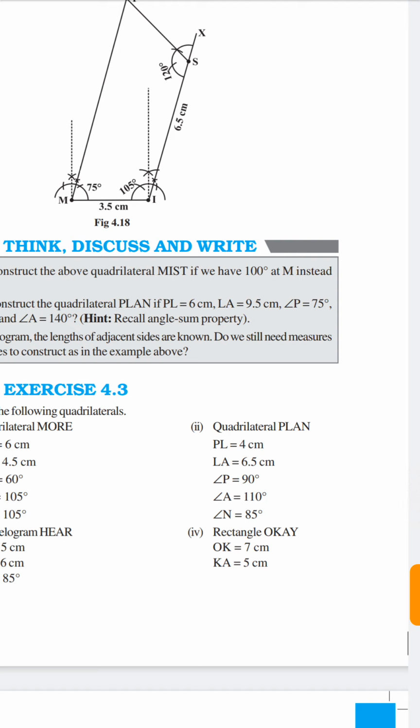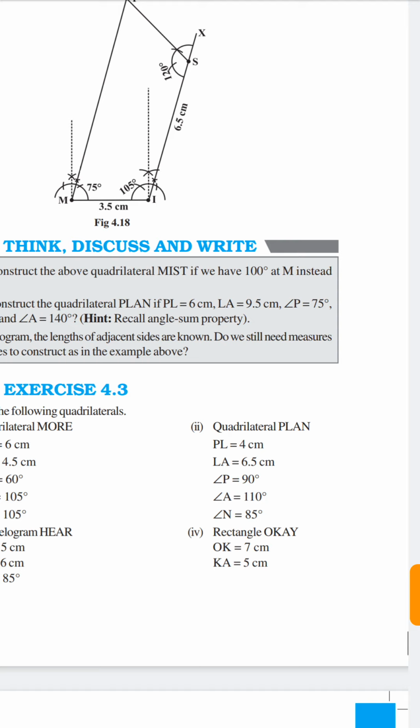Similarly, there is a quadrilateral PLAN. PL 4 cm, LA 6.5 cm, angle P 90 degrees, angle A 110 degrees, angle N 85 degrees. Here PL is one line segment and LA is another line segment, but the angles at both line segments are not given.